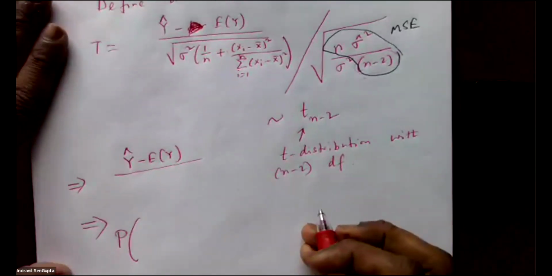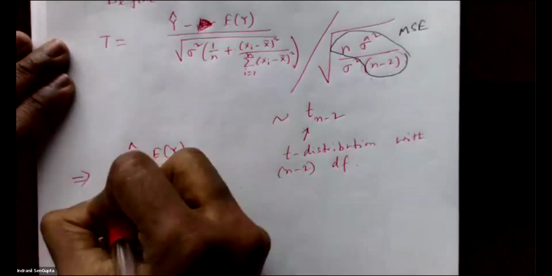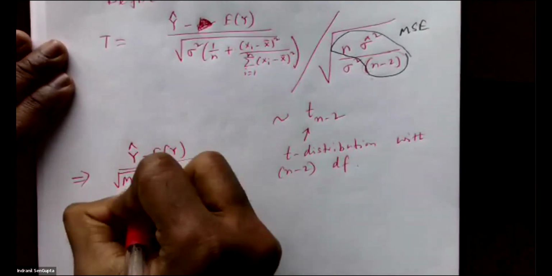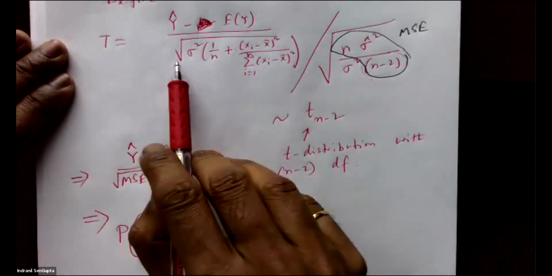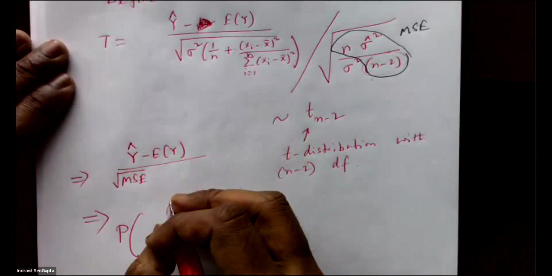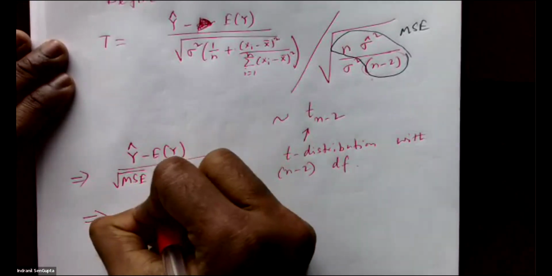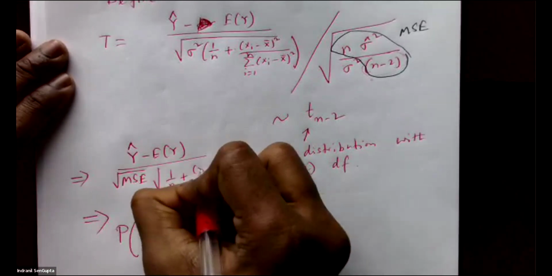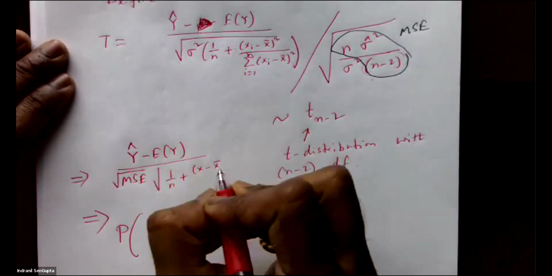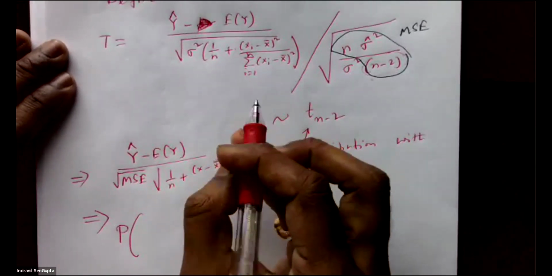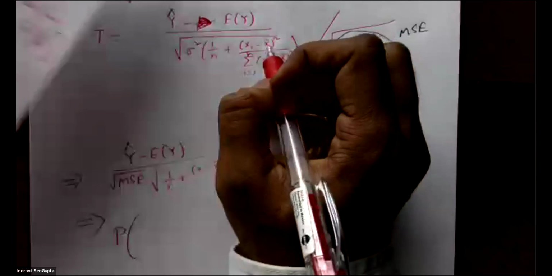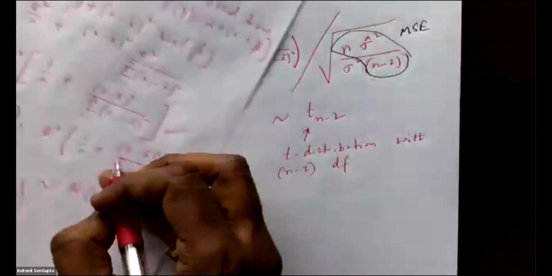I can write this as over the square root of MSE, and sigma squared and sigma squared cancel. Then we have the square root of 1 over n plus (x minus x bar) squared over the summation i from 1 to n of (xi minus x bar) squared. Sorry, there should not be any xi in the numerator, it was just x.